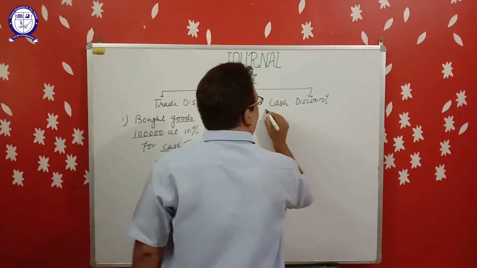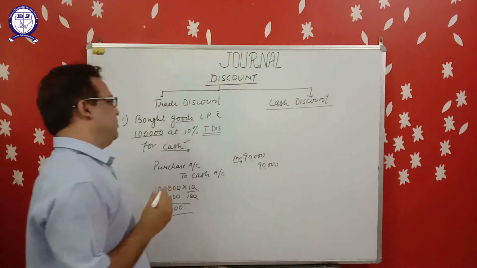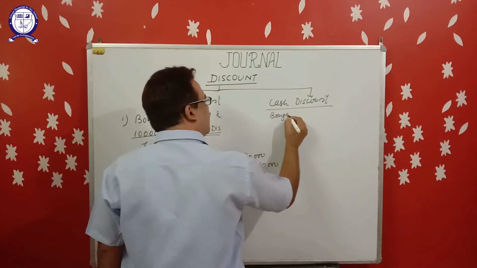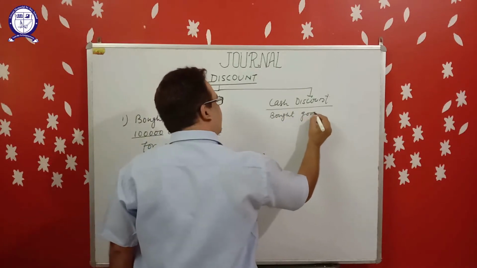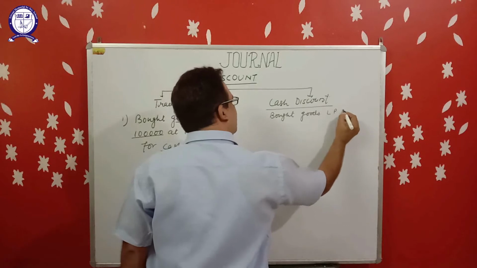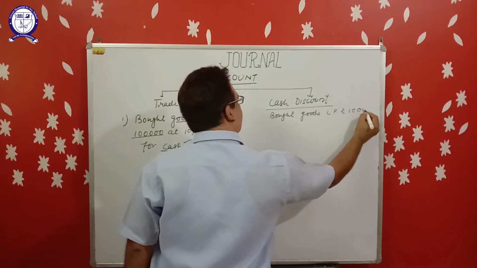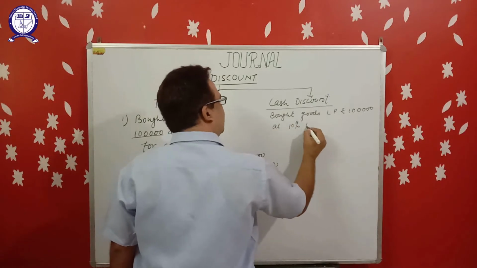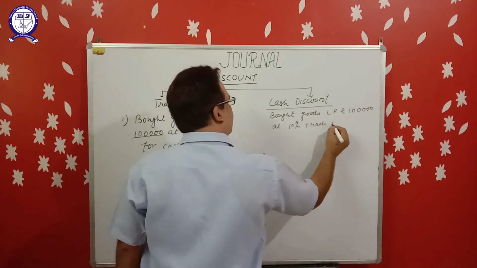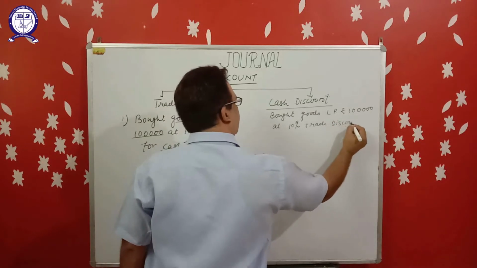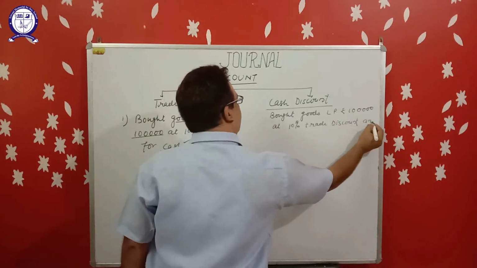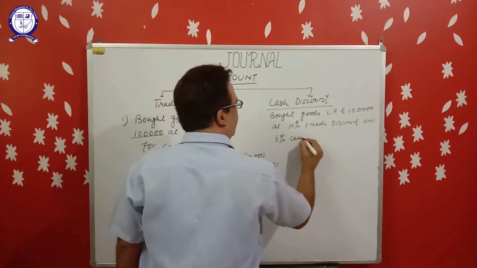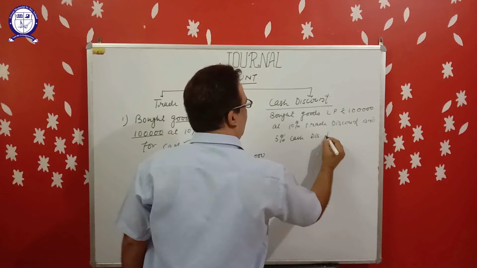Second, let us take the example of cash discount. Bought goods, list price rupees 1 lakh at 10% trade discount and 5% cash discount for cash.